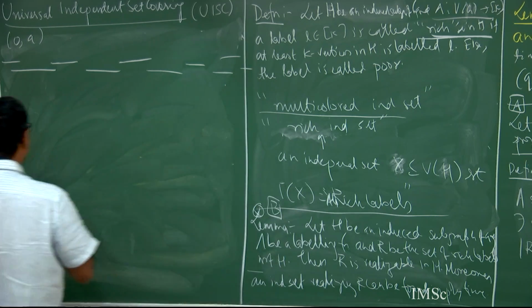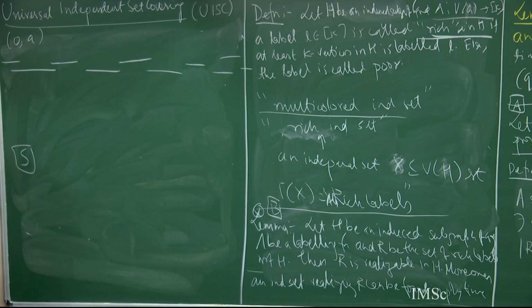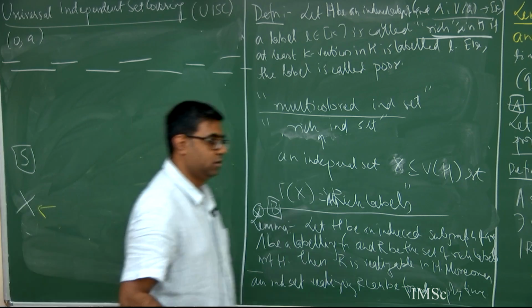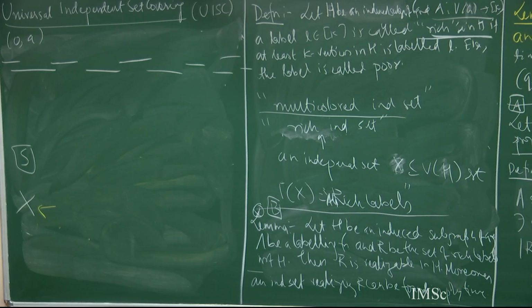Now let's try to understand what this means. You gave me my S, and I have partially constructed X at this point of time. What does this X consist of?